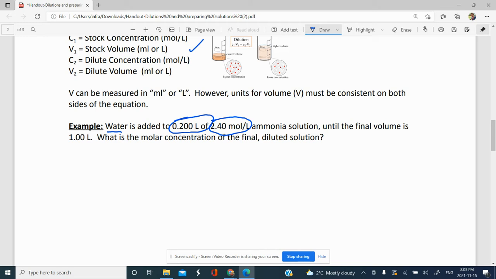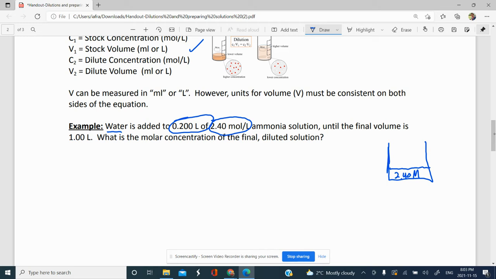So essentially, we have this solution. This is not exactly how it's going to work. You're not going to do it in a beaker, you'll do it in a flask. But anyways, you have the solution of ammonia, and it's a 2.40 mole per liter solution.